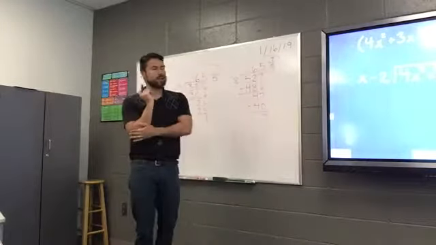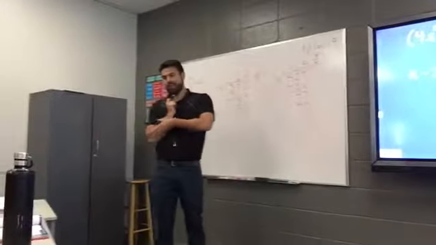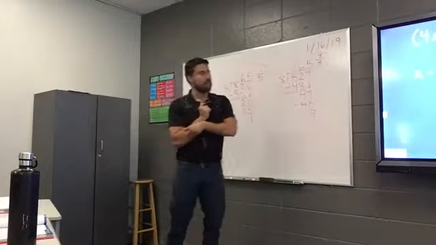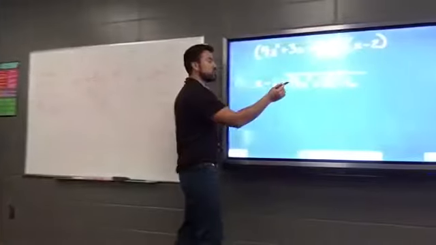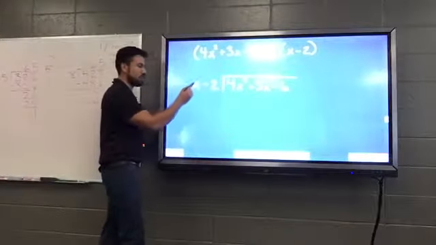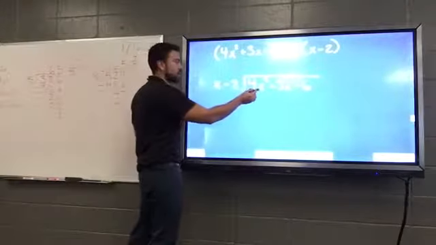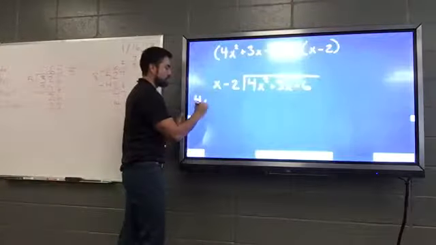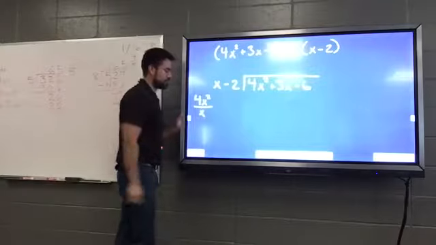All right, you wrote it down right? Okay, everybody, what's the first step? Divide. You're going to divide the first term in the trinomial by the first term in the binomial. What's 4x squared divided by x? 4x.